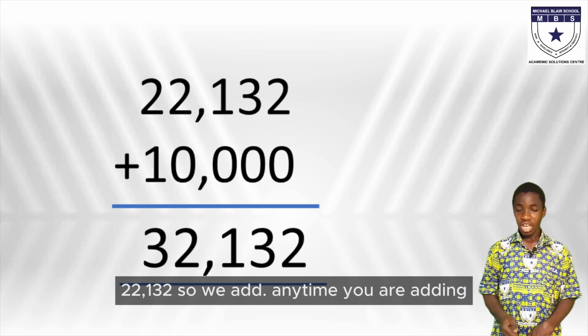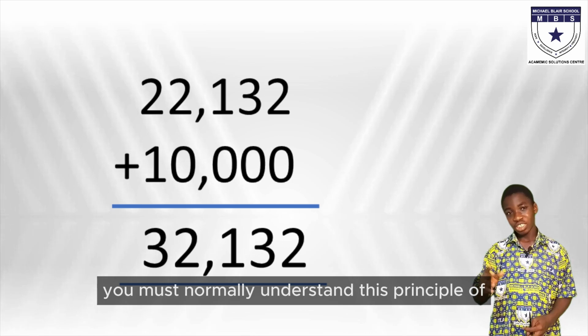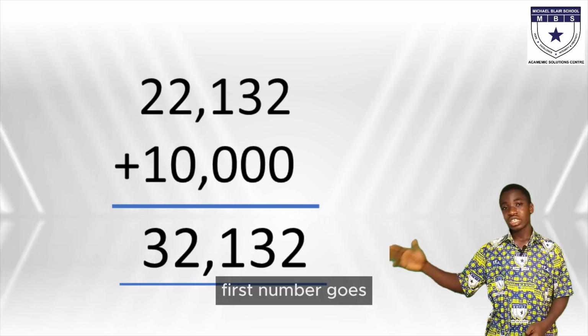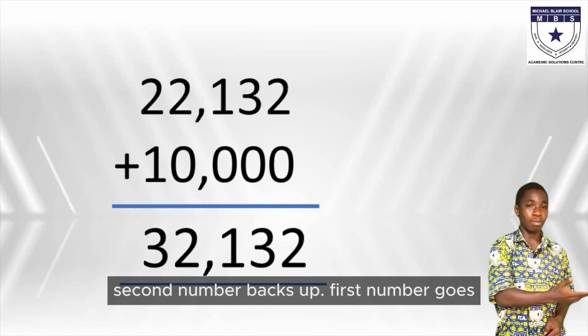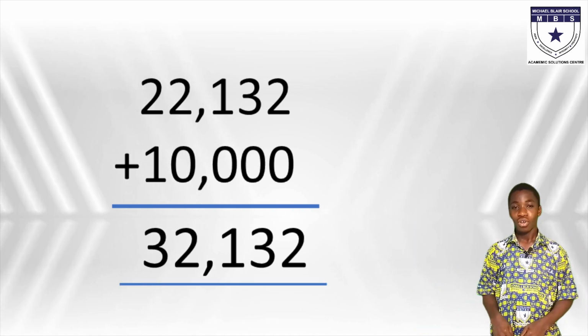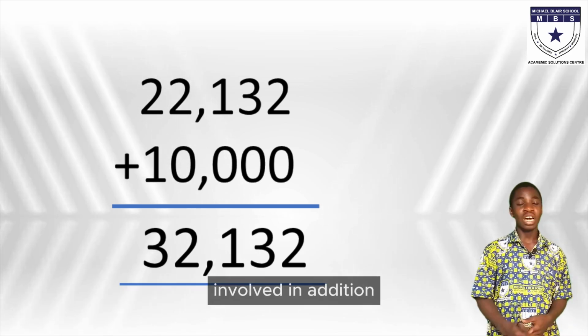Anytime you are adding, you must understand this principle: first number goes, second number backs up. When I say first number goes, that means you just write your first number involved in the addition.